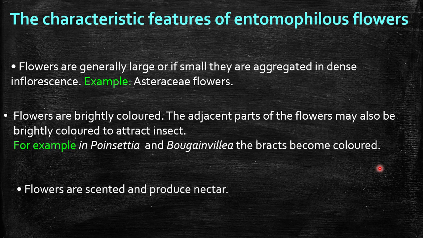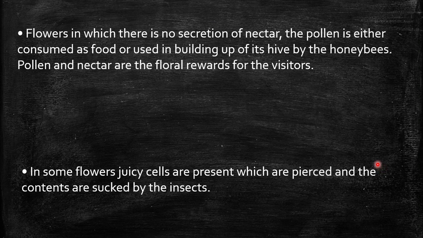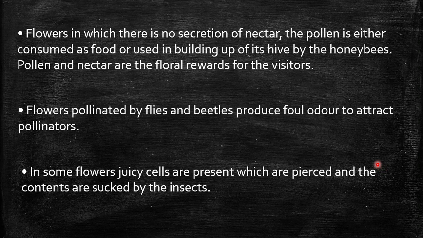Flowers are scented and produce nectar. Most insects come to the flowers for nectar. In flowers where there is no secretion of nectar, the pollen is either consumed as food or collected by honeybees for building up the hive.